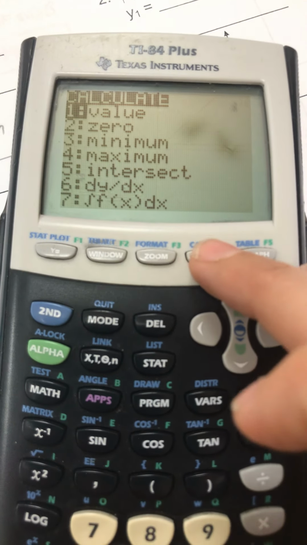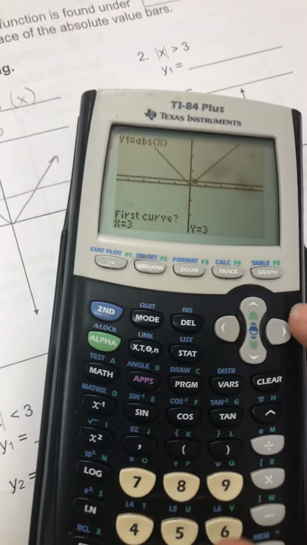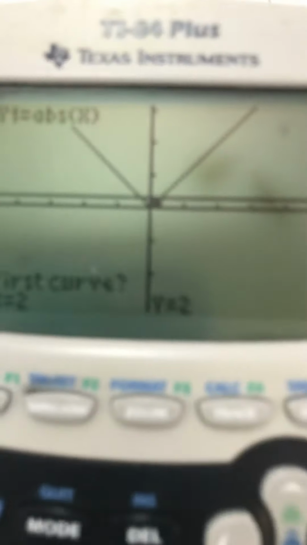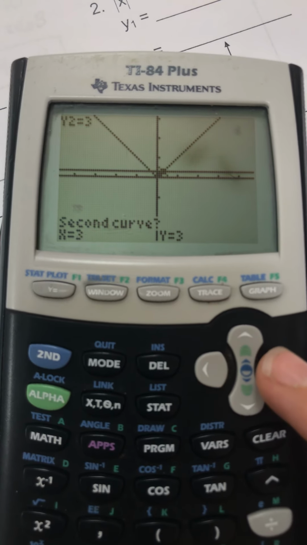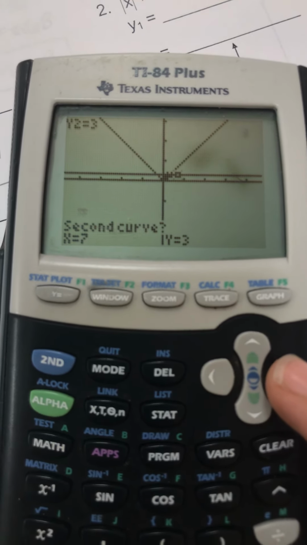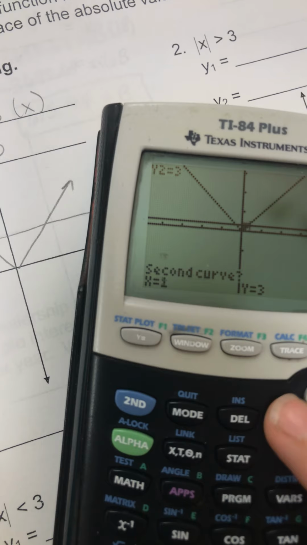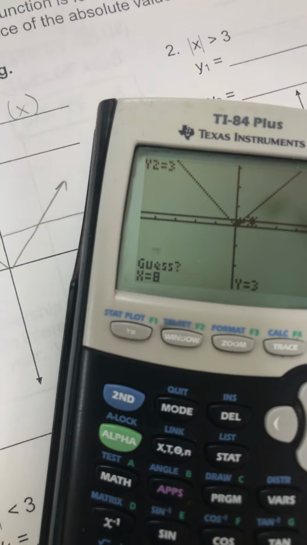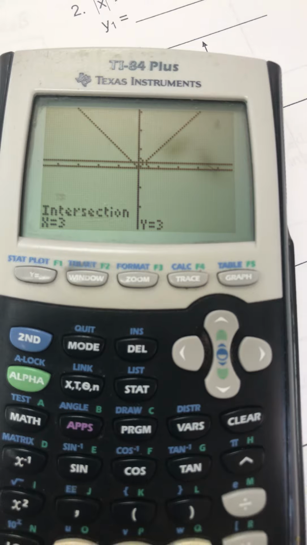Now let's find the second intersect. We're going to go second calc, down to intersect, enter, and go over to the right side. Remember you have to be on the left side of the point first. So I've got it on the left. Sorry, it's kind of blurry on my phone. And then you're going to go to the right side of it. Second curve. Oh, I think I messed up. Hold on, let's see if I can get it there. There it is. The intersection is 3, 3.